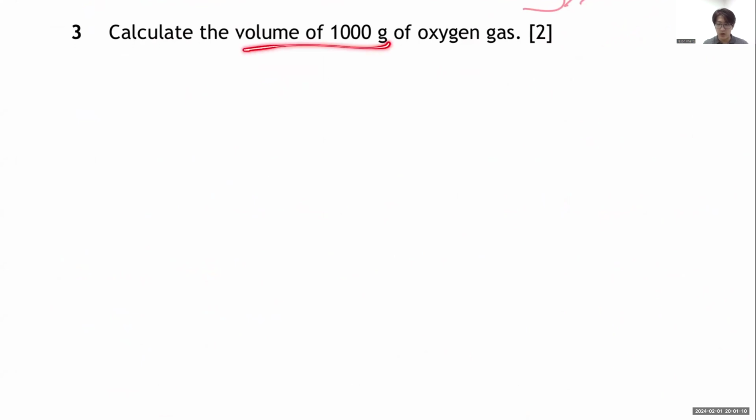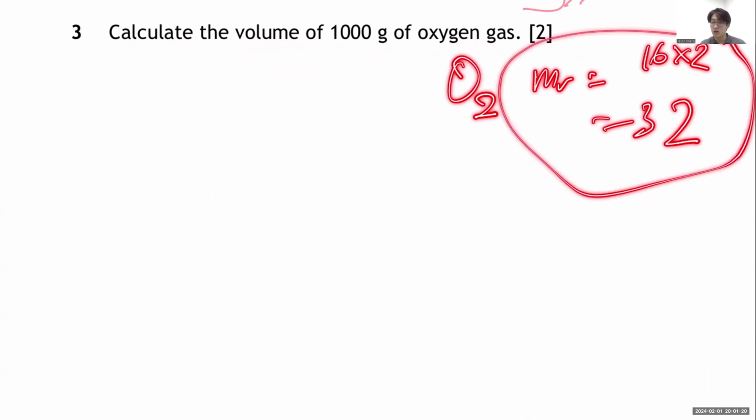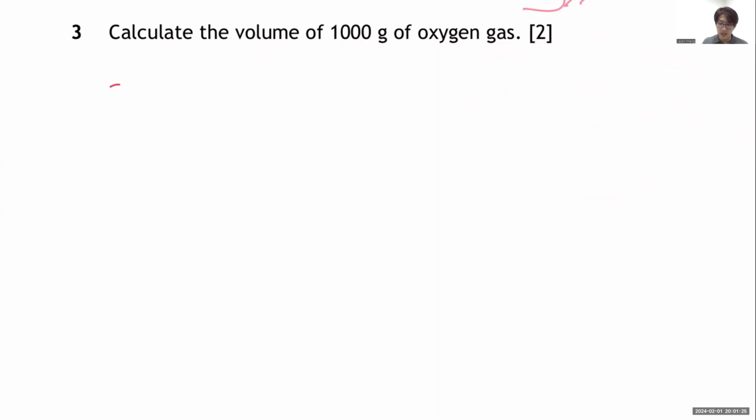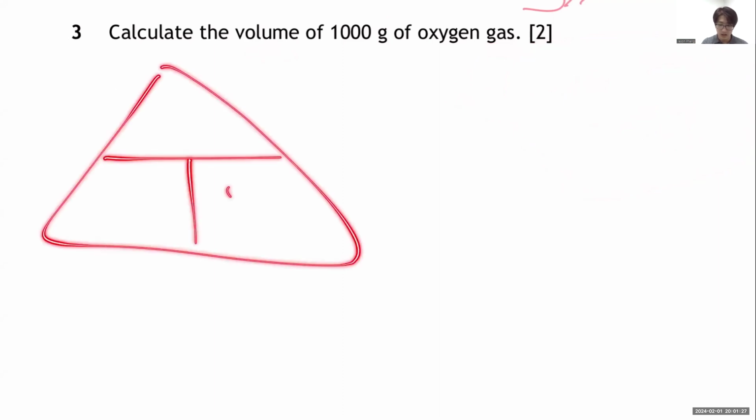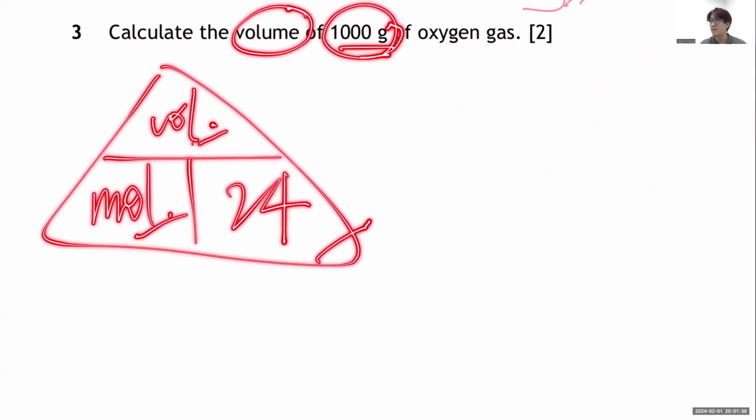Come, our next question. Oxygen gas volume. Do I need to care about oxygen gas being O2, then the Mr equals 16 times 2 equals 32? Need to care or not? Volume, gases. What triangle is this? That's it. So if I want to find volume, mass is not here, here, or here. So how?